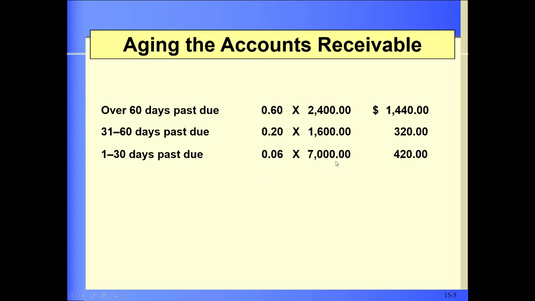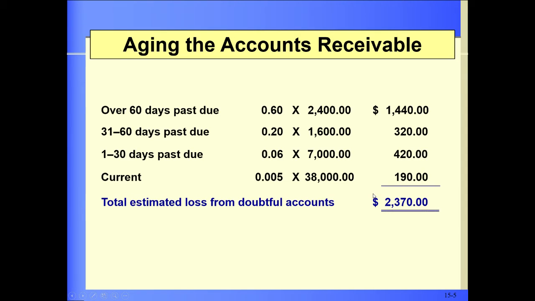So in this case, of the 7,000, only 420 of it is not going to be collectible. And then finally, for our current accounts, we know that only about half of 1% of those go bad. So we take our current balance and multiply that times 0.005 to come up with an estimate of only $190 of the 38,000 is likely to be uncollectible.